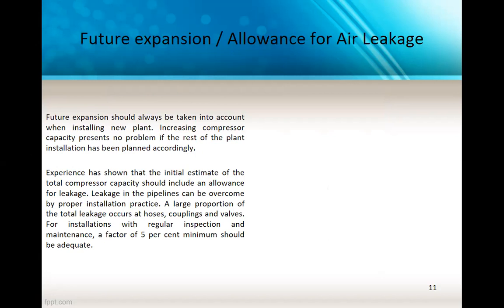Experience has shown that the initial estimate of the total compressor capacity should include an allowance for leakage. So leakage in the pipelines can be overcome by proper installation practice. So a large proportion of the total leakage occurs at hoses, couplings, and valves. For installation with regular inspection and maintenance, a factor of 5% minimum should be adequate.